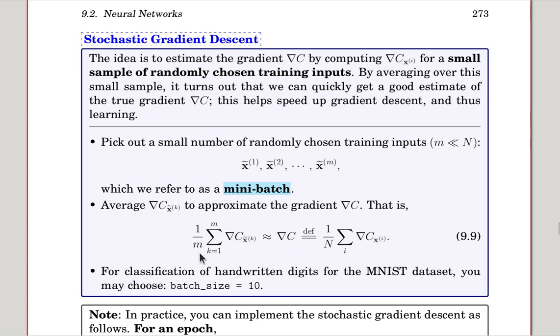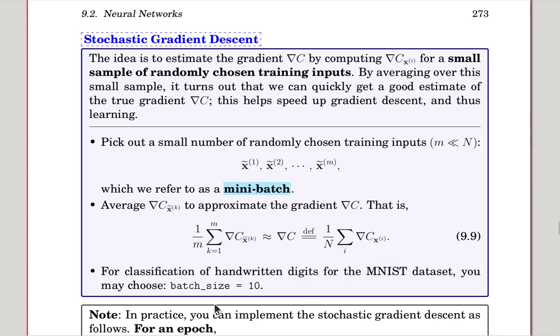That can be a good approximation of the whole averaging, so the mini batch algorithm works very nicely, but the cost of this computation is much smaller, right?